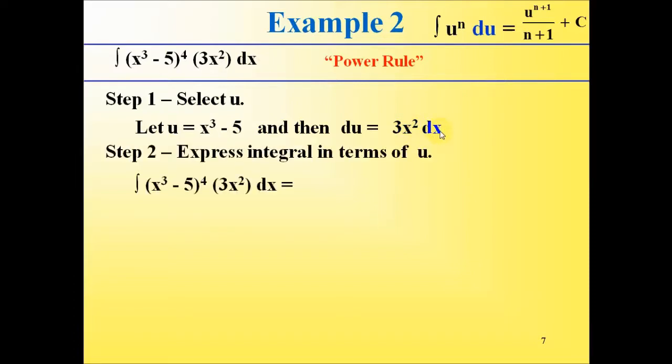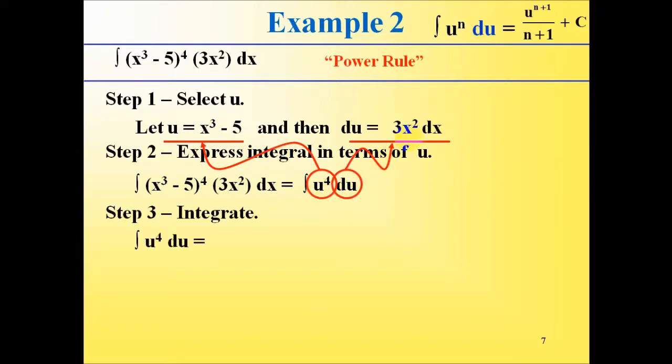So what is step 2? Yes, step 2 is express the integral in terms of u. Because it is u, we get the integral of u^4, and 3x squared times dx is equal to du. So we get u^4 from here, and du from here. What is step 3?